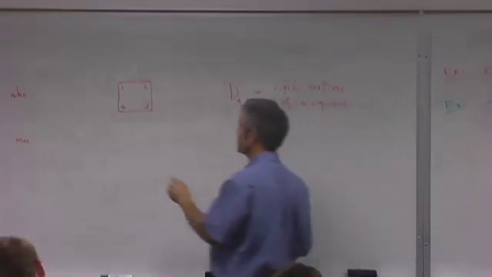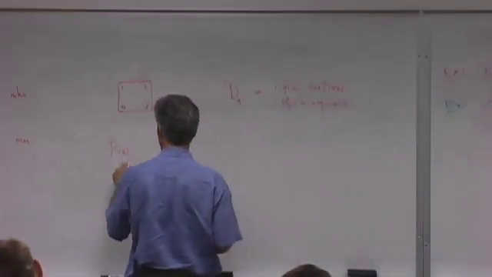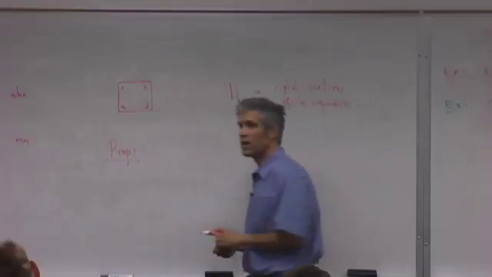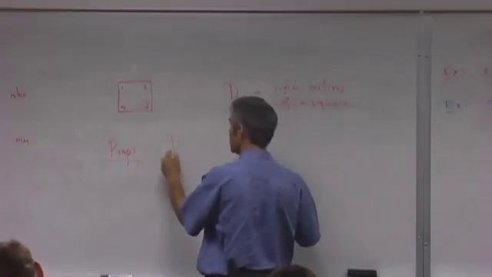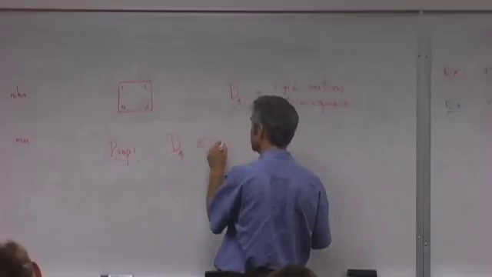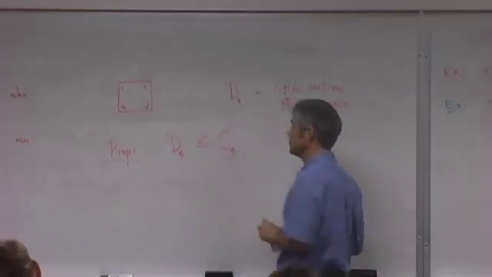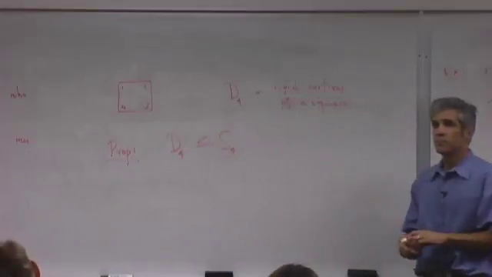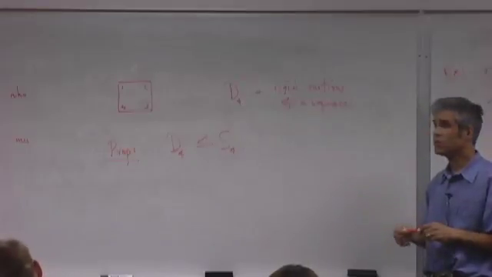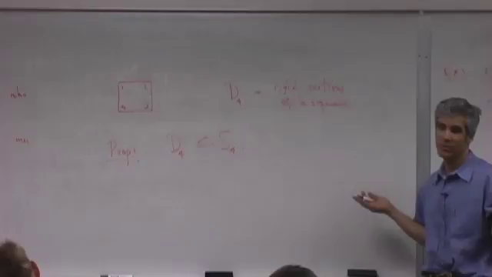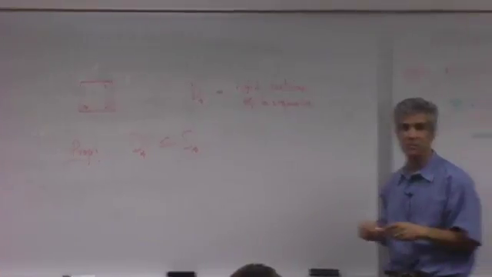Here's a proposition. Proposition: the permutations that arise from the rigid motions of the square give a subgroup of S4. Subgroup statement, folks. How do you prove a subgroup statement? You have one way to do it. Subgroup theorem, exactly right. What do you have to do?